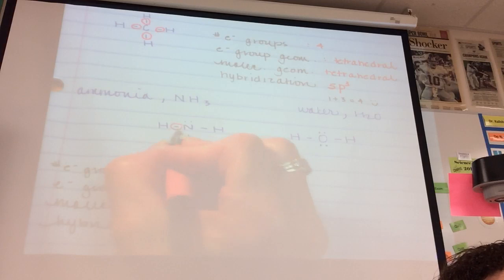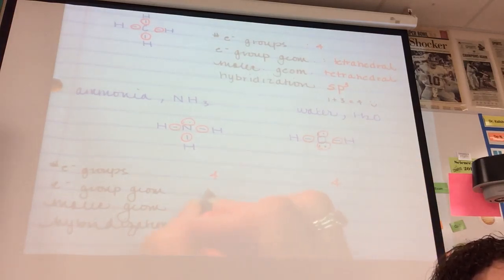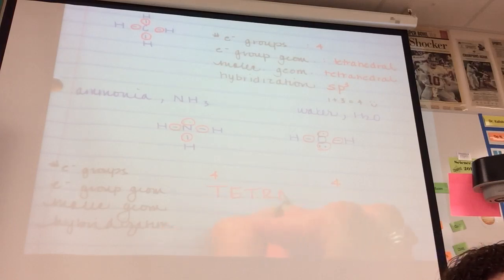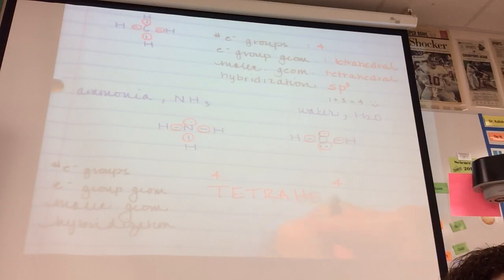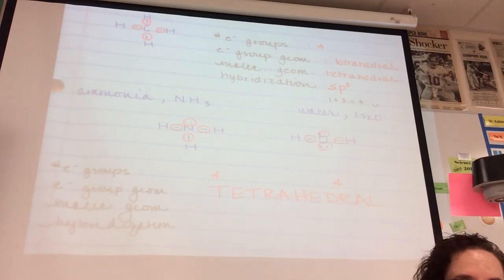Again, 1, 2, 3, 4, or 1, 2, 3, 4. They both have 4 electron groups. Therefore, they both illustrate tetrahedral electron group geometry. But they don't have tetrahedral molecular geometry.